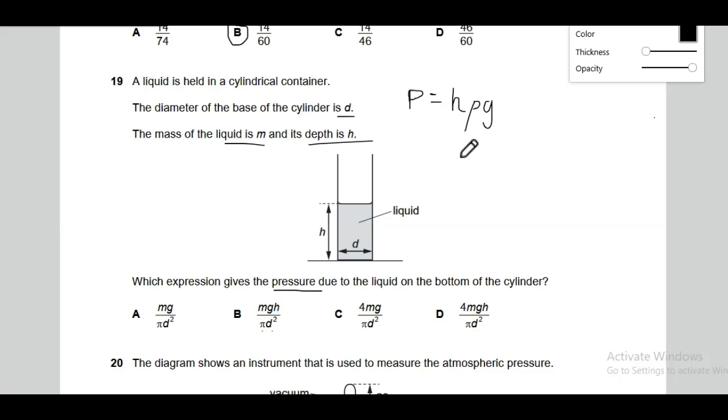So let's try to derive the equation for pressure in terms of pi and d. So h multiplied by rho multiplied by g is the pressure, and rho is the density. Now the density is mass divided by the volume. The mass is m and the volume is pi r square h, since this is a cylinder. So h multiplied by m divided by pi r square h, multiplied by g.